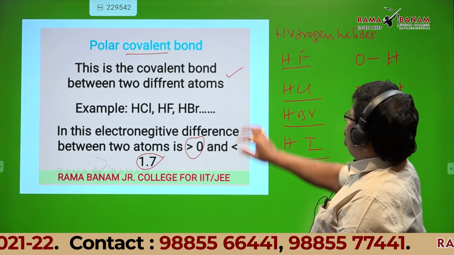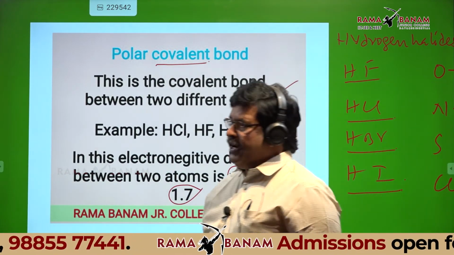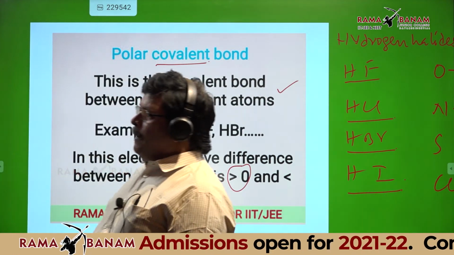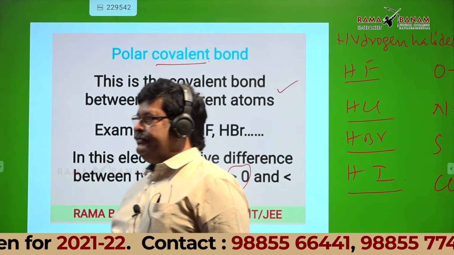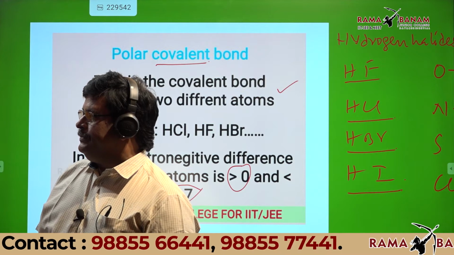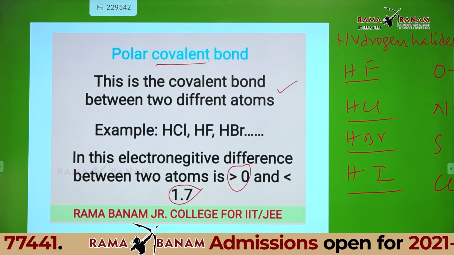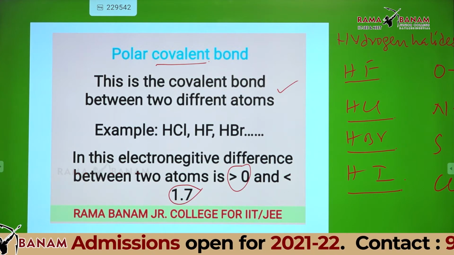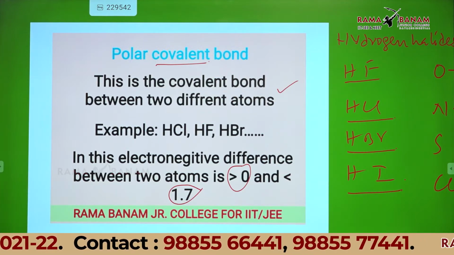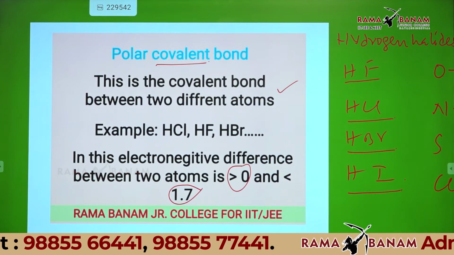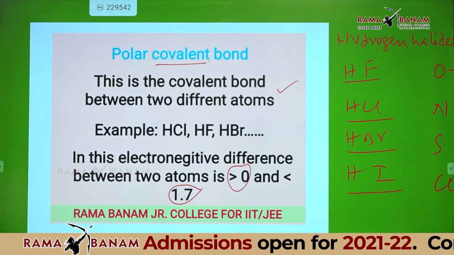Right. First write the definition, students. Polar covalent bond: this is the covalent bond between two different atoms. Example: HCl, HF, HBr, HI. We can write so many, but for today's class, just write these four. Is it okay, students?